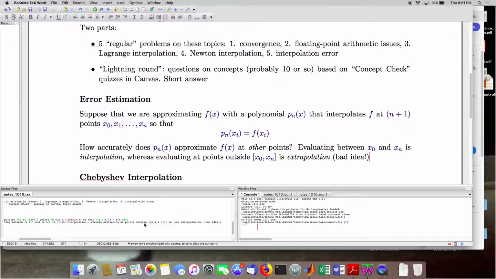Generally a bad idea. I would not recommend that. So for example, suppose you're approximating the exponential. Actually, I'll show you an example of that in MATLAB right now.